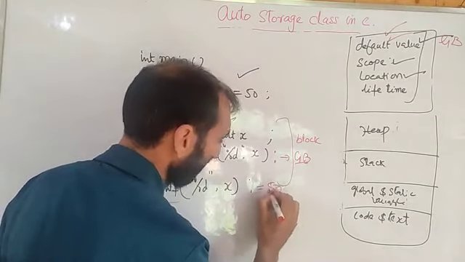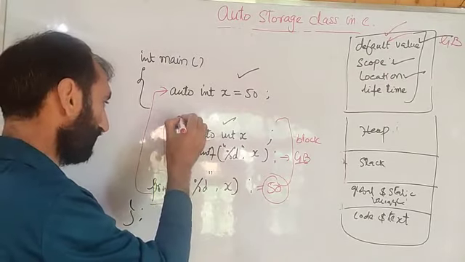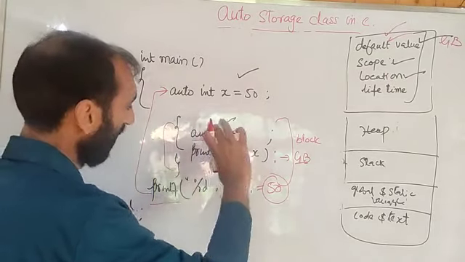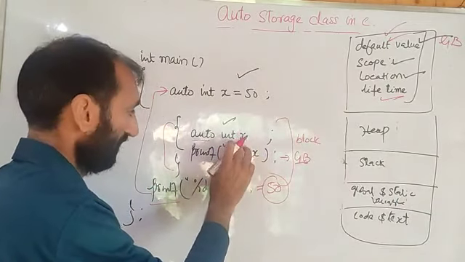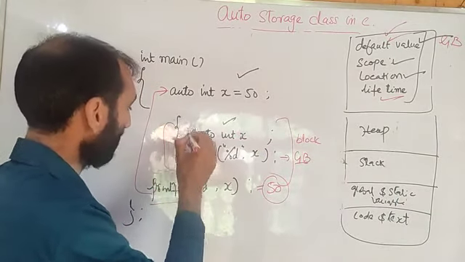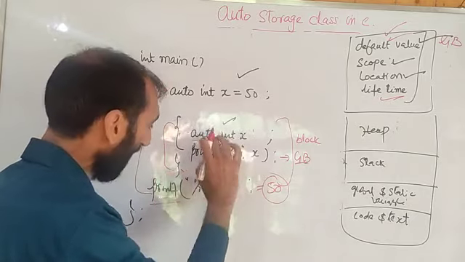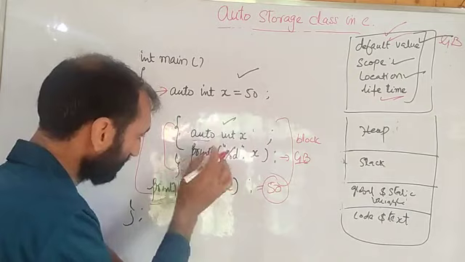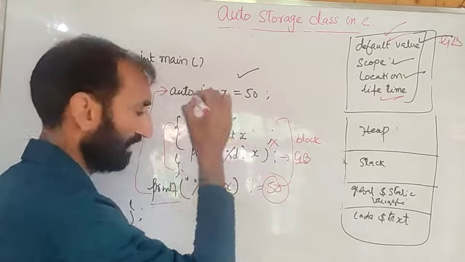The result would be 50, because the lifetime of this x variable is from this opening brace to here, from here to here only. After exiting from this block, it is nowhere.